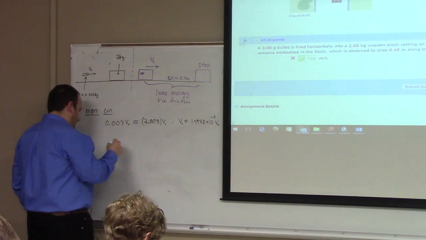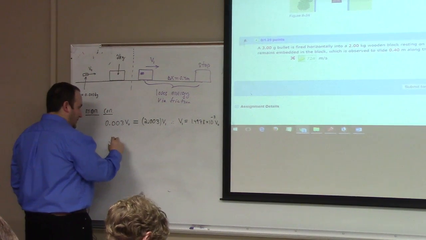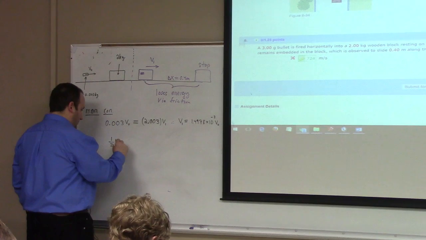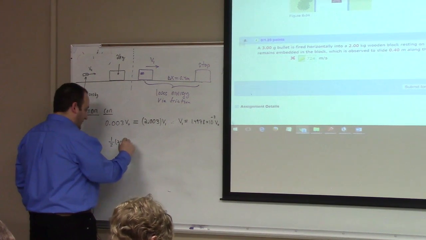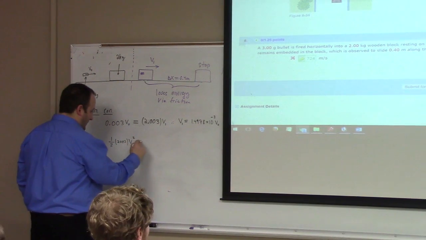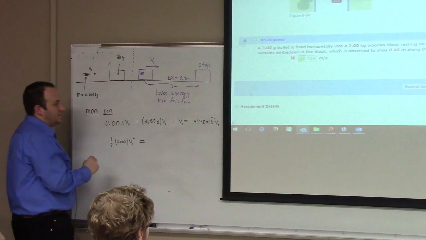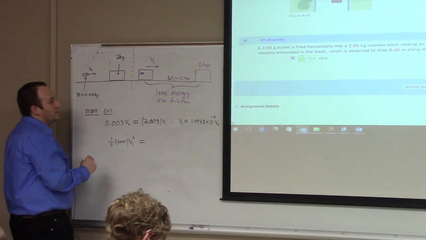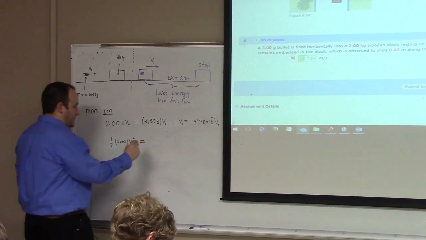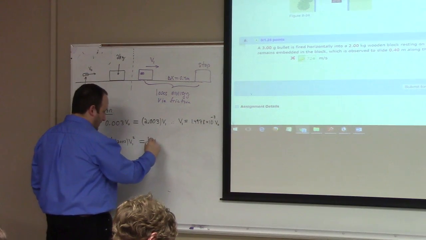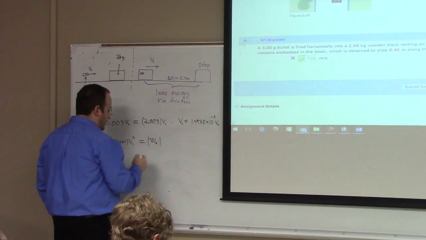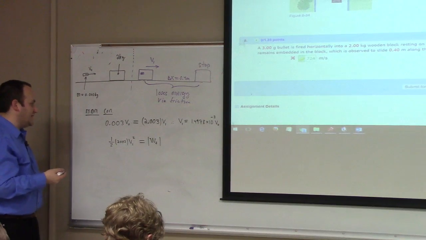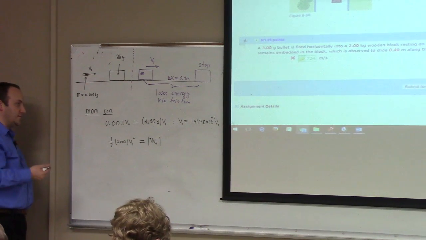So the kinetic energy, 1/2 times 2.003 V1 squared, is equal to what? It's equal to the work done by friction, right? I'll say the magnitude of the work done by friction. Since the work done by friction is arguably negative, but I don't care about that minus, I just want the number.